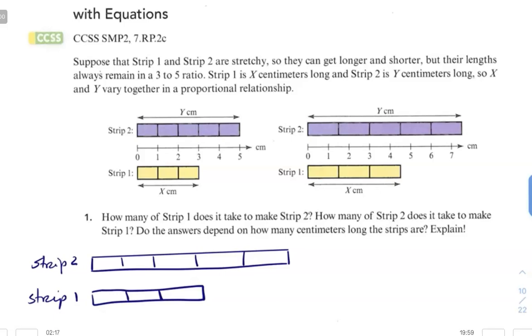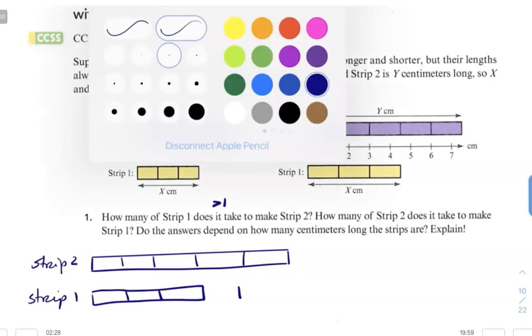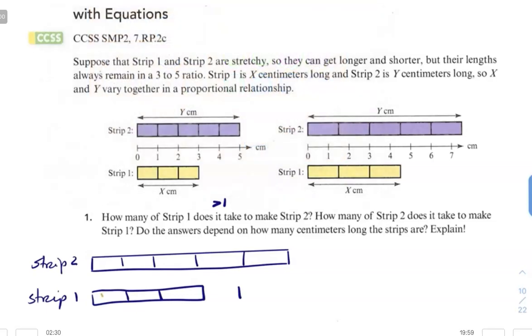Strip 2 is longer, so we will need more than 1. How many? If one strip 1 is that much, then each one of these rectangles is a third of strip 1. And how many of those rectangles do we have in strip 2? That's 5/3. So you will need 5/3 or 1 2/3 of strip 1 to make strip 2.